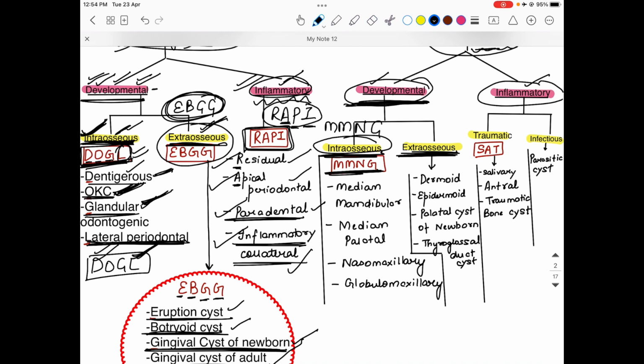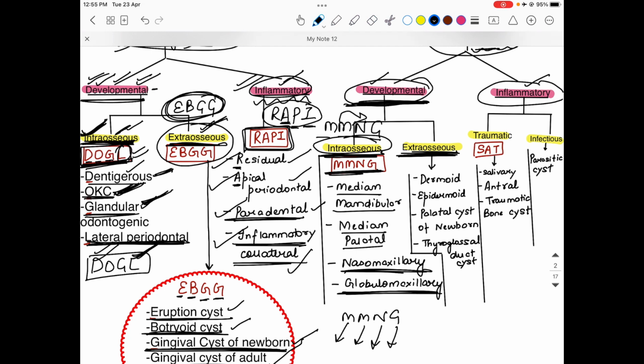Just letting you know that after M comes N, right? So MMNG, M for median mandibular cyst, another M for median palatal cyst, N for nasomaxillary cyst, and G for globulomaxillary cyst.